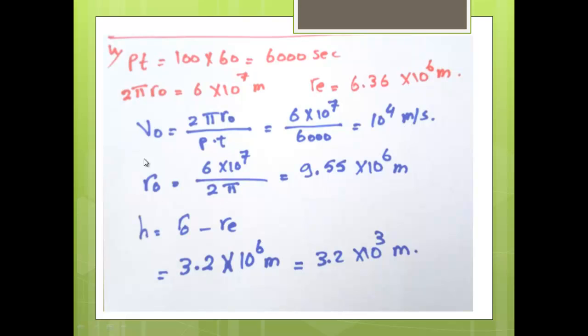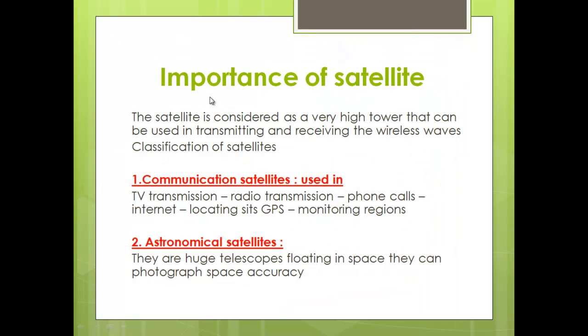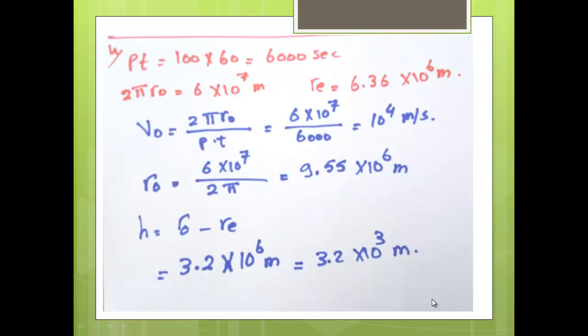To get R orbit, we make a mathematical relation, divided by 2 pi. So it's going to be 6 times 10 power 7 divided by 2 pi, which equals 9.55 times 10 power 6 meter. The height is equal to the R orbit minus the radius of Earth.